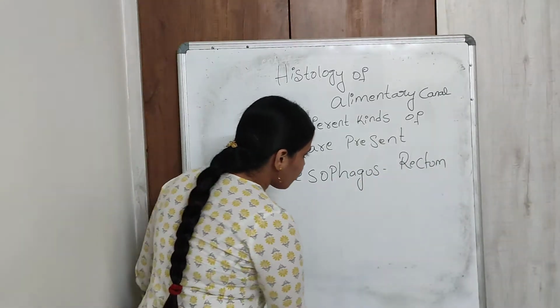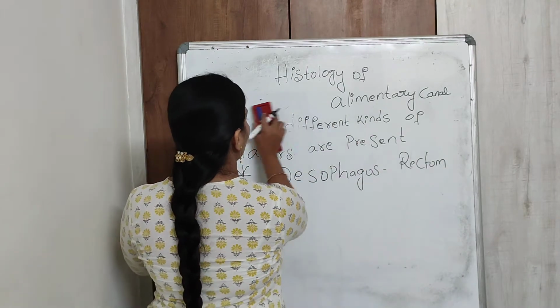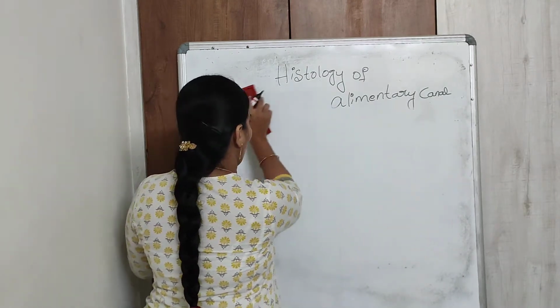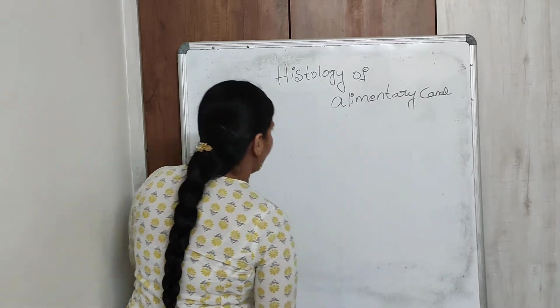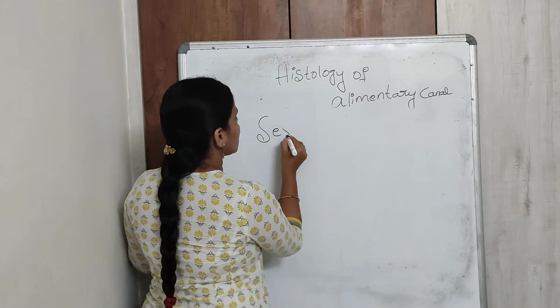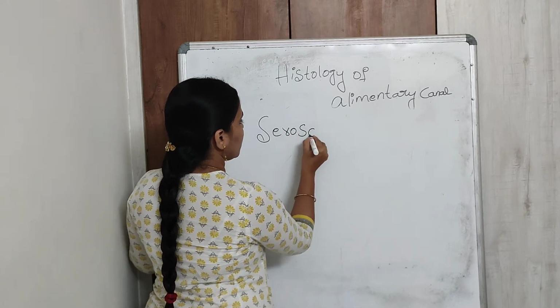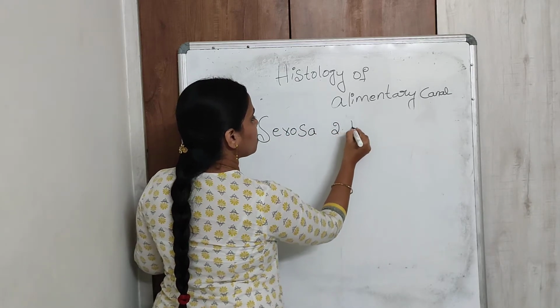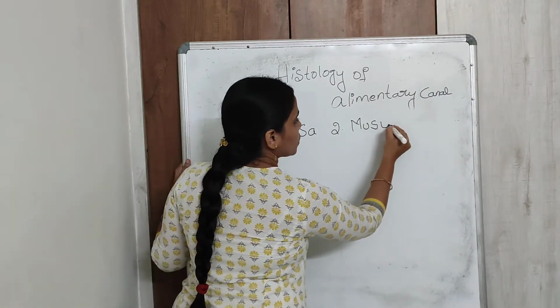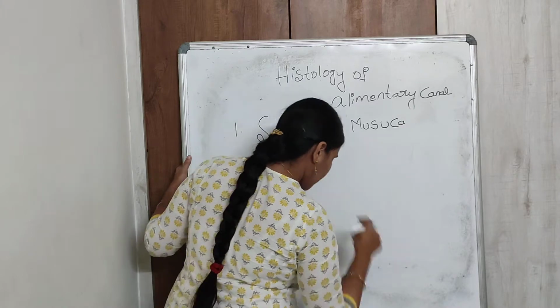So what are the 4 different kinds of layers present on the surface of the alimentary canal? The first one is serosa. The second one is muscularis externa.